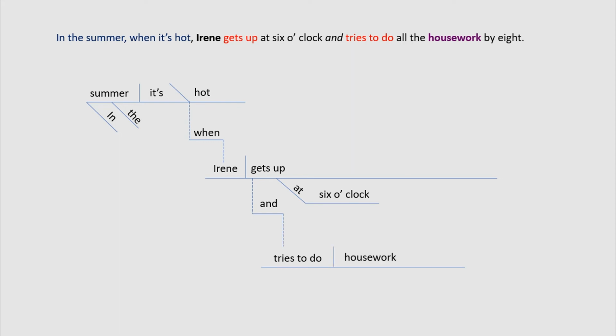Yes, the housework. And housework has 4 complements. Can you recognize them? It's easy. It's the article the, the adverb all, the preposition by, and finally, the complement of that preposition, 8. And that is all. It's really difficult to do, but with some practice you can do it.